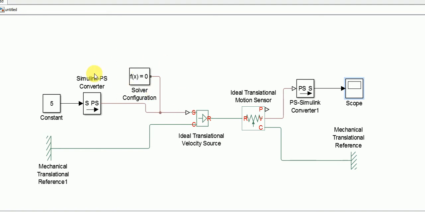Here one more additional solver configuration we are adding in Simscape model. Why we need to add this solver configuration? So the answer is, here this model is simple. We have only one input.